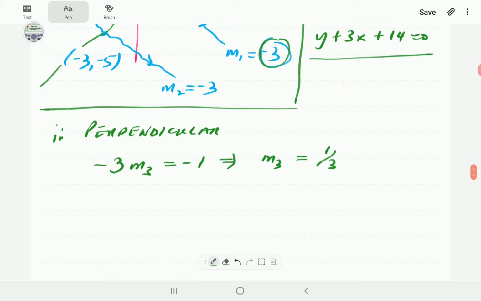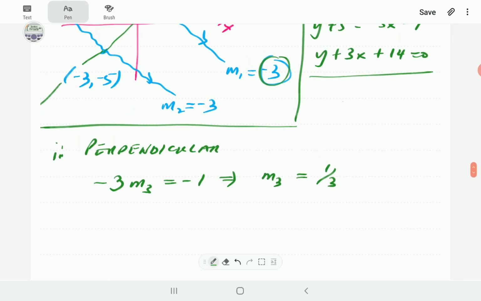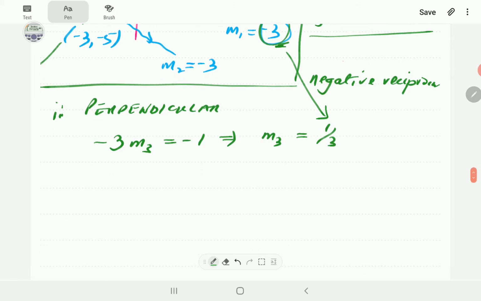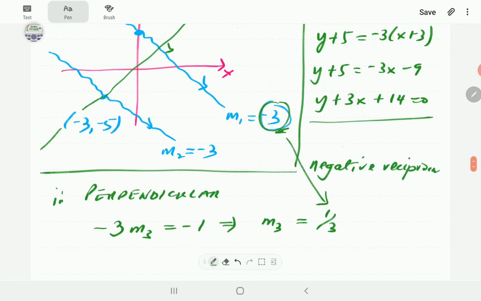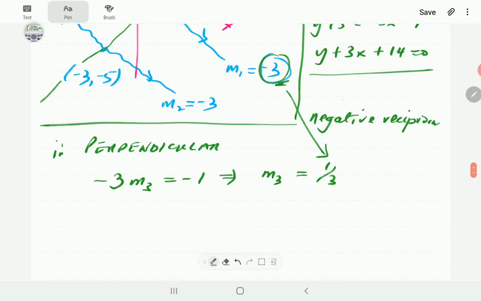In short, the gradient of the perpendicular line is always the negative reciprocal of this one. So if we go from here to here, it's a negative reciprocal. You flip this over and multiply it by -1. So again, it's going to be the same equation as this one, but this is going to be 1/3.